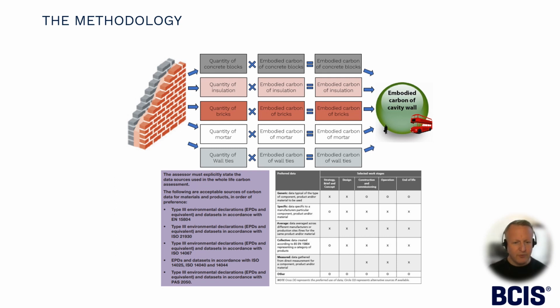So all of those have sort of different confidences that need to be thought through. The important thing is that whatever you're using, you've got to state it. You've got to tell where that emission source has come from.